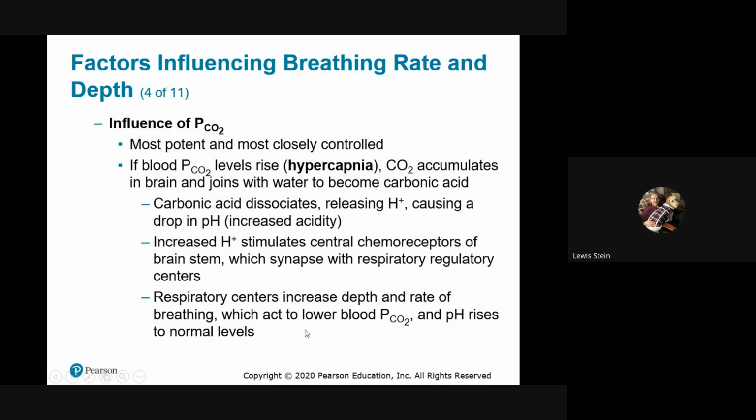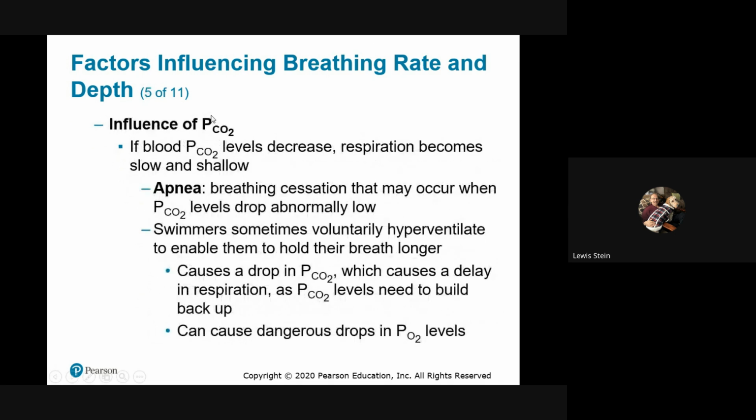The only way to lower the blood PCO2, which also brings the pH back up where it's supposed to be, is to exhale it. That's why it's so critical if someone's doing a dive like that. If they didn't take the precaution of purging as much CO2, it would shorten the duration they could be underwater.